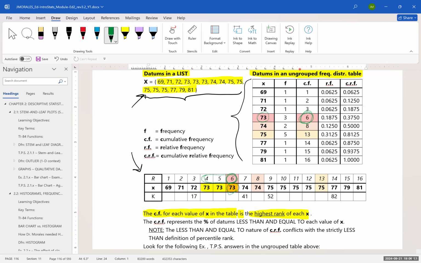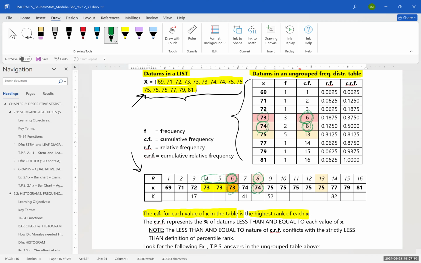All right, now look at this value of 74. The cumulative frequency of 74 is 8. And 8 is also the highest rank of 74 in the data set.